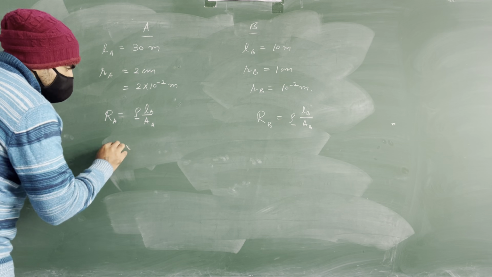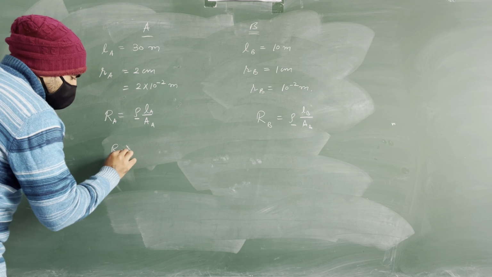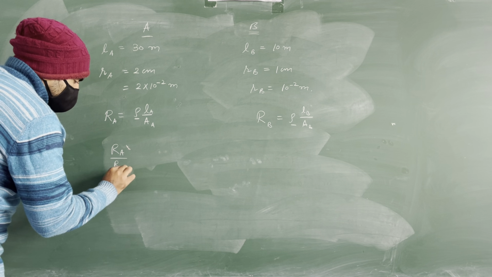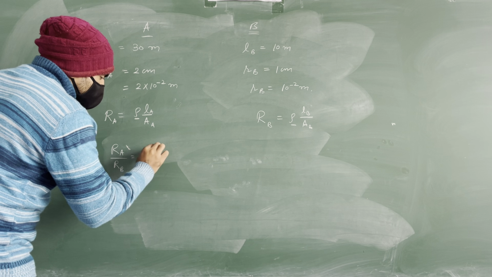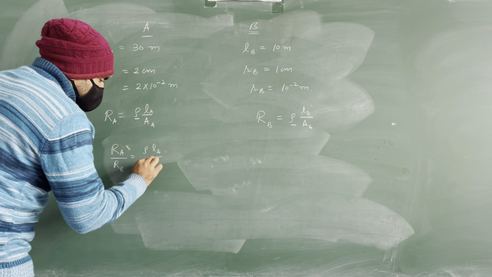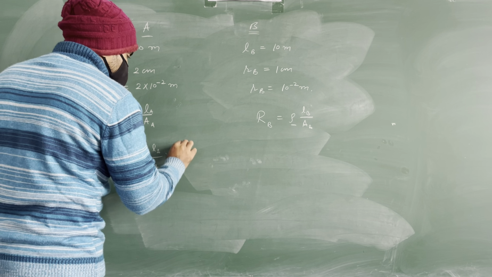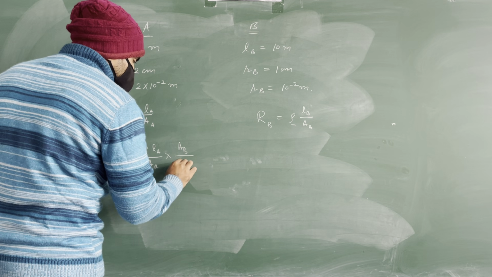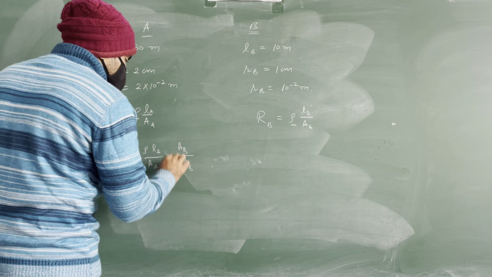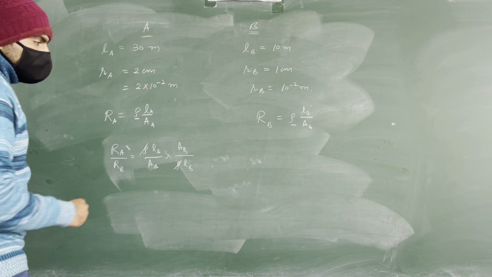So when we divide RA by RB, we will have rho LA by AA multiplied by AB upon rho LB. These two terms will cancel out each other.